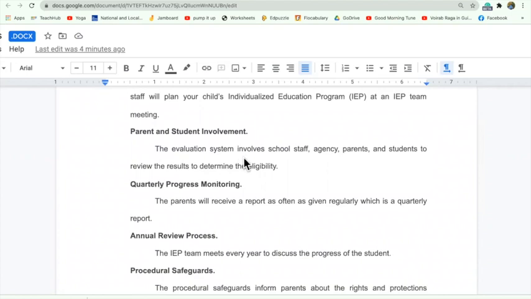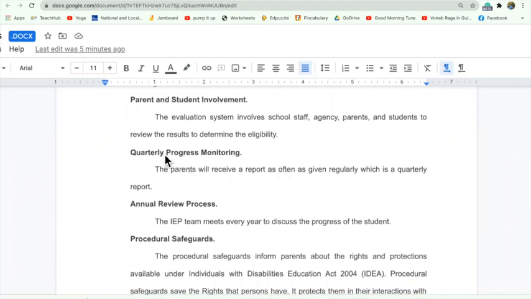The evaluation system involves school staff, agency, parents, and students to review the results to determine the eligibility. Quarterly progress monitoring. The parents will receive a report regularly with its quarterly report.